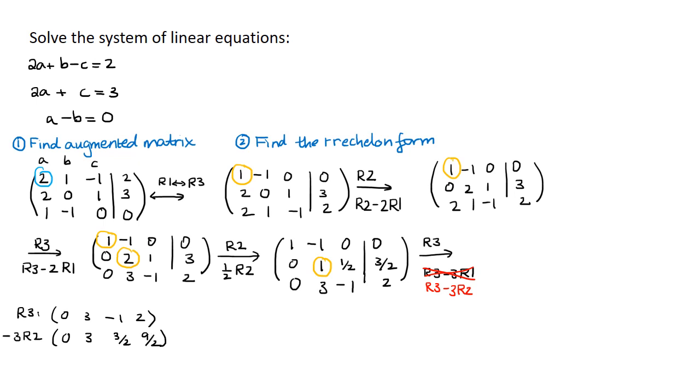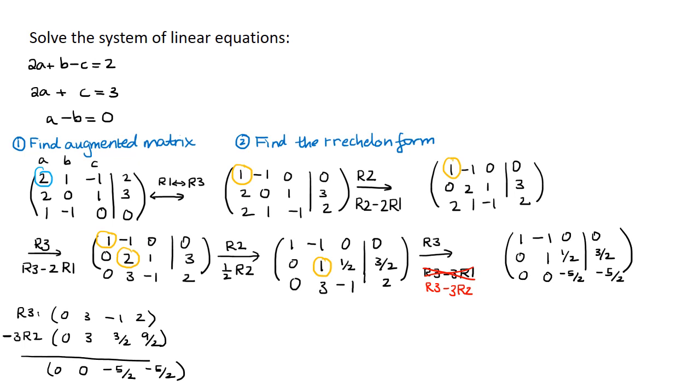If we subtract, we get 0, 0, -5/2. Then 4/2 minus 9/2 is again -5/2. So this is going to be our new third row.